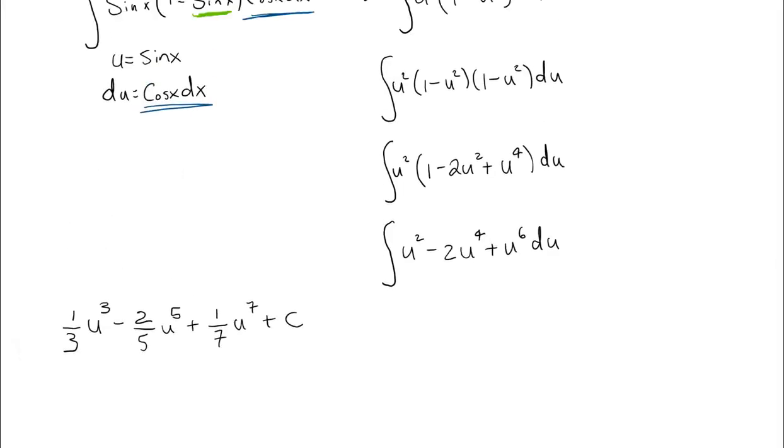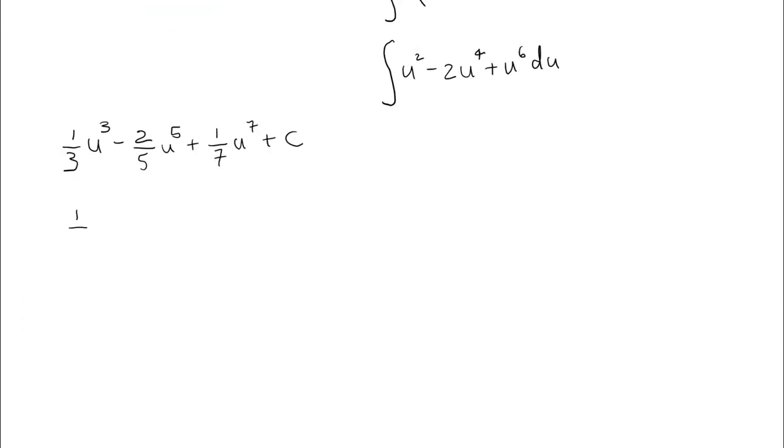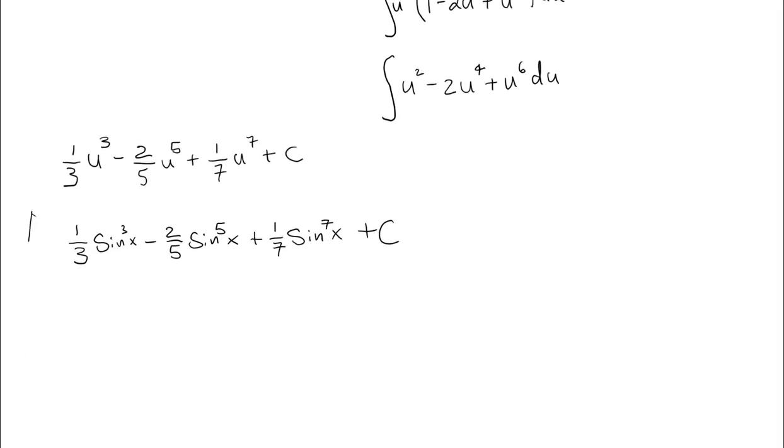And if we recall that our u here was sine of x, we can plug in sine of x, and we get 1/3 sine cubed of x minus 2/5 sine to the 5th of x plus 1/7 sine to the 7th of x plus c. And there is our integral.